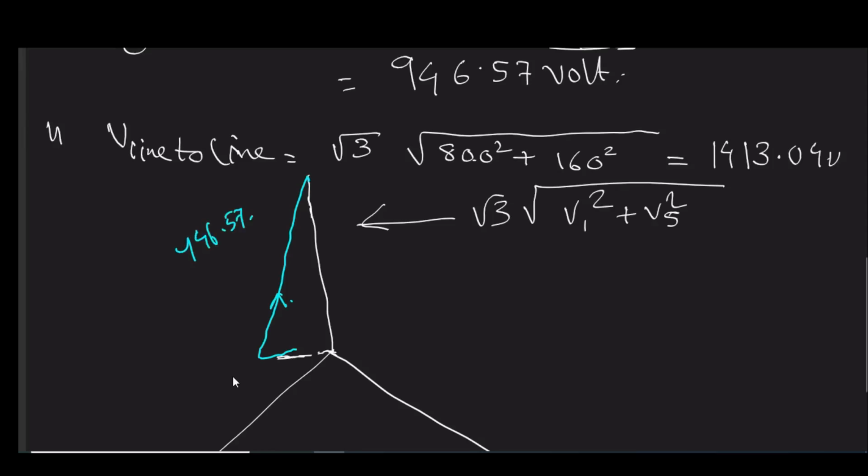Here this side is all the component you are having, V1 plus V5, and the base is V3. So that is how it is coming. This side is V1 plus V5 and this side is V3. So when you do it, you will get it like this.